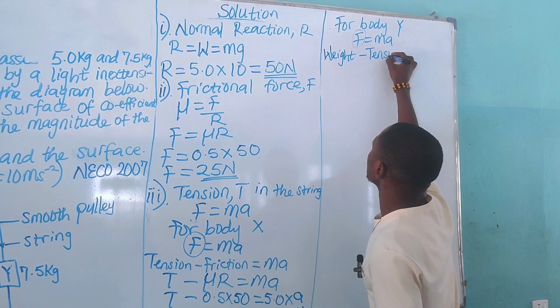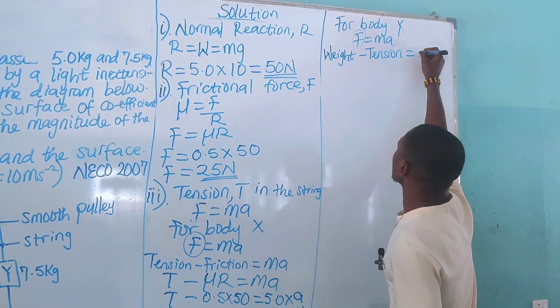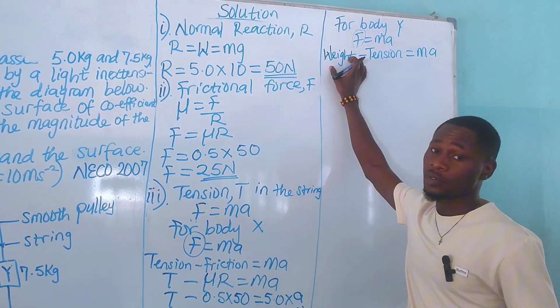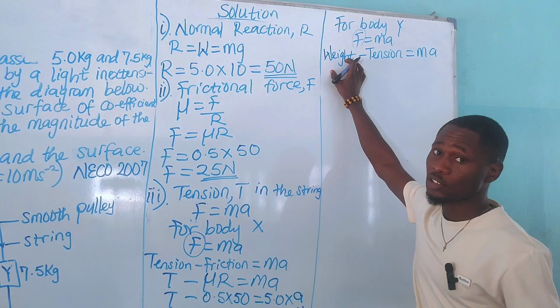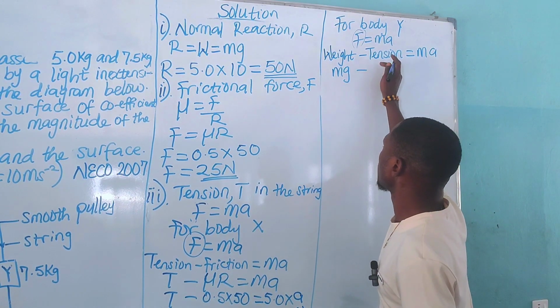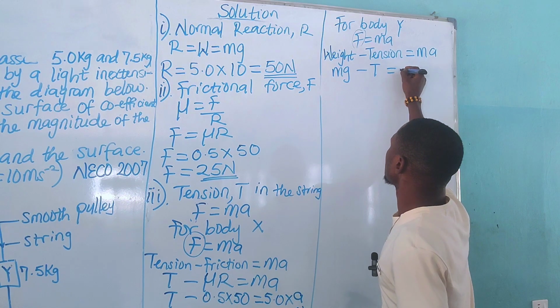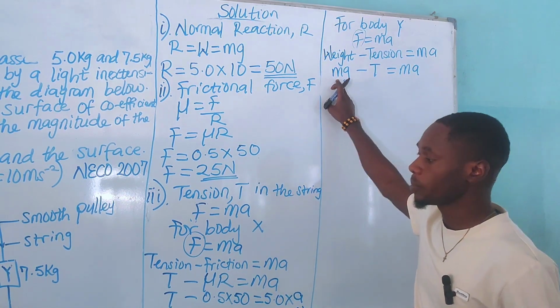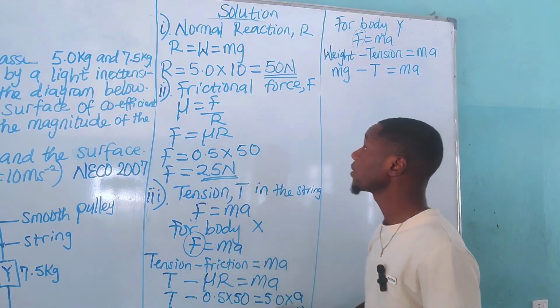minus the tension to be equal to mass times acceleration. And the weight of the body we know is mass times acceleration due to gravity, which is mg. Then minus our tension, let's call it T, is equal to mass times acceleration. So the mass of the body, we are talking about body Y, is 7.5 kg.